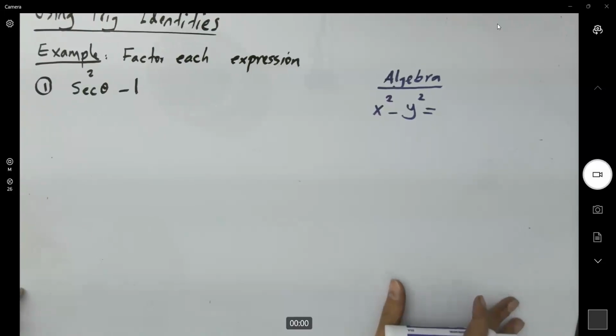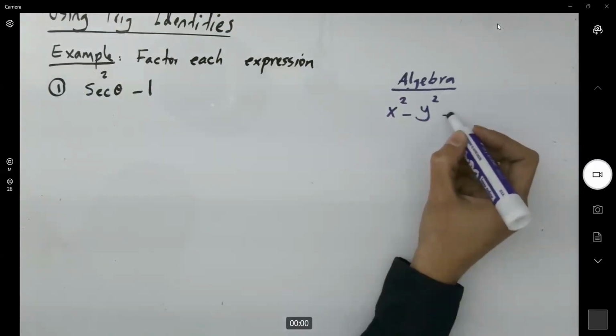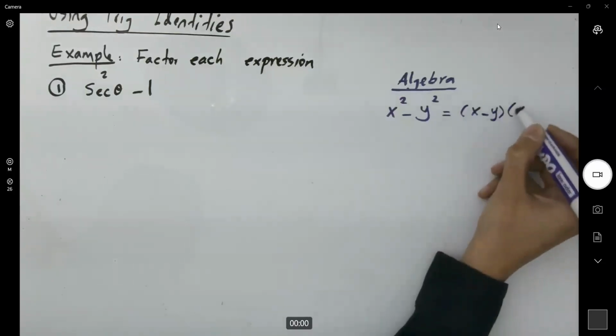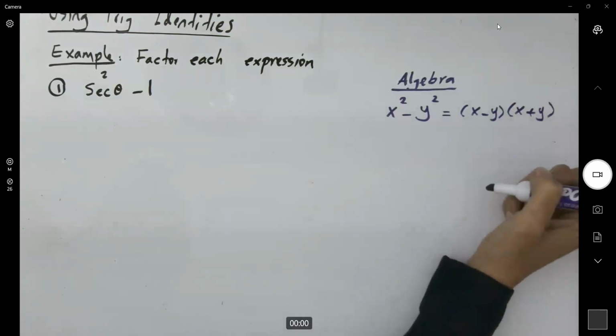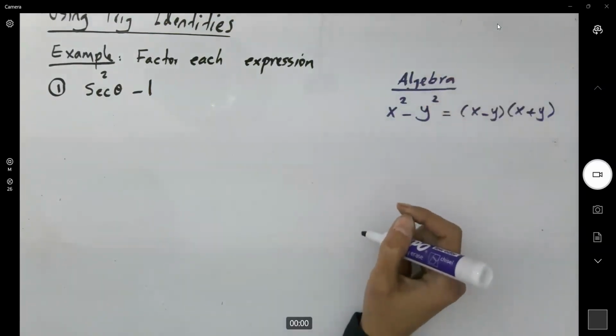I could write this in factor form, which was x minus y times x plus y. This is what we learned from algebra, right?